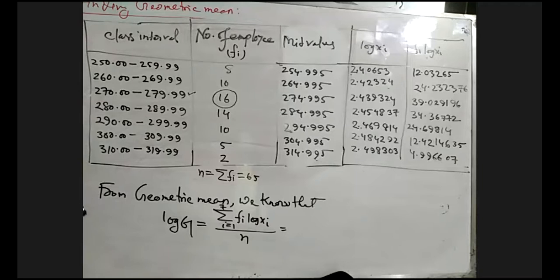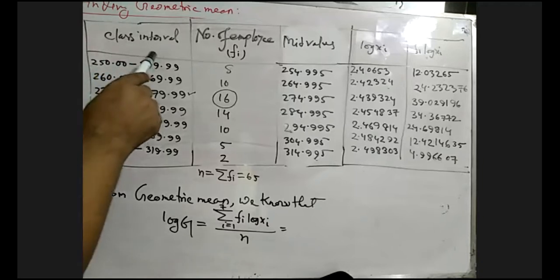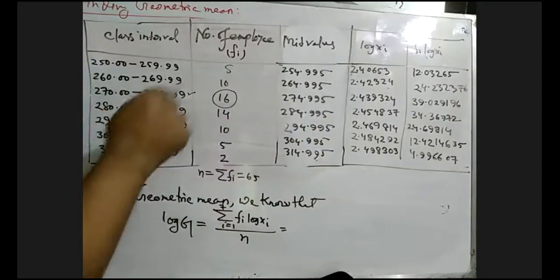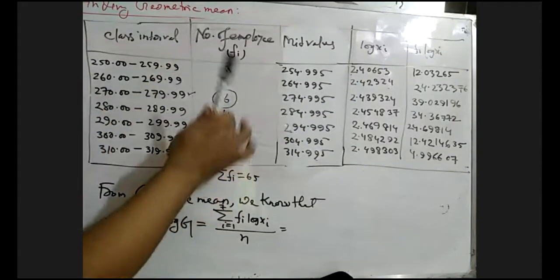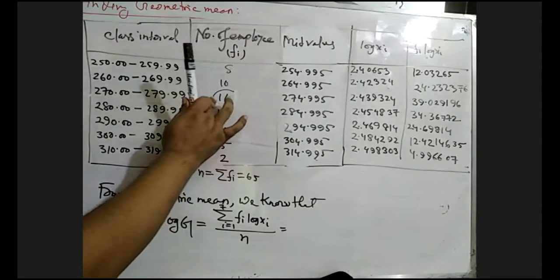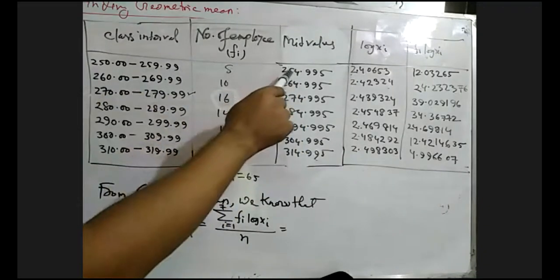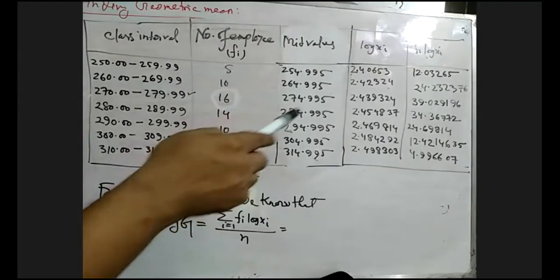So to find the geometric mean, we need 5 columns. This is the class interval, the frequency, total number of frequency given, and mid values of the class interval as before, and this is the log xi.